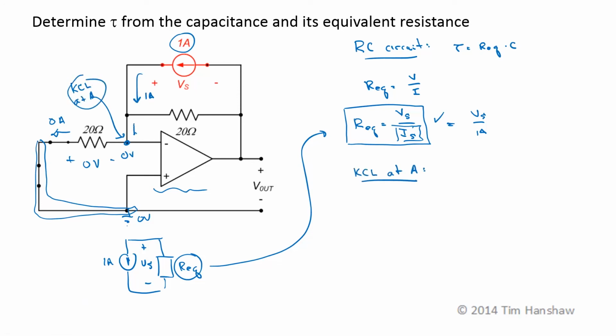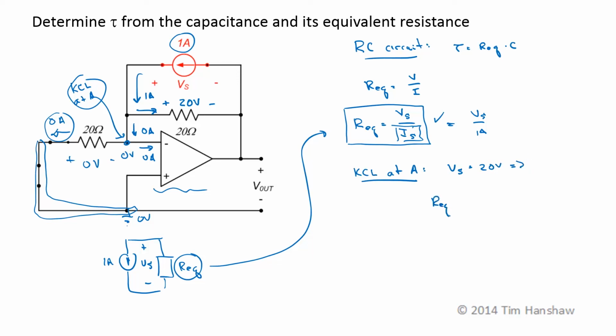I have 0 amps going here because I have 0 amps into the op amp and 0 amps through that resistor. So the entire 1 amp current has to go through this 20 ohm resistor, and directly by Ohm's law I have 1 amp times 20 ohms is 20 volts. So KCL at A essentially tells me that V sub S is equal to 20 volts.